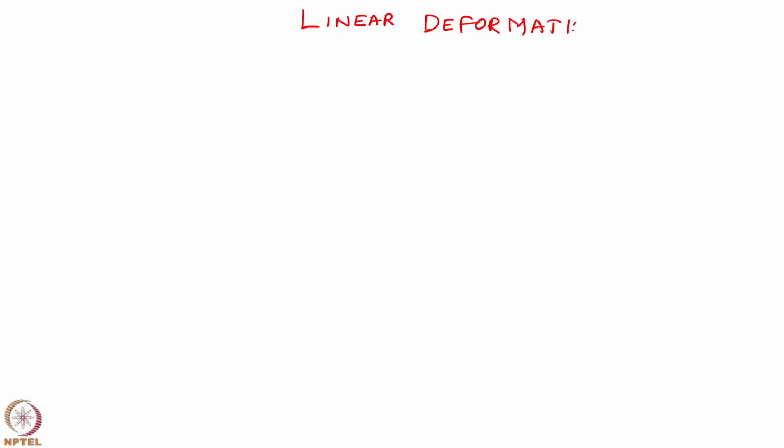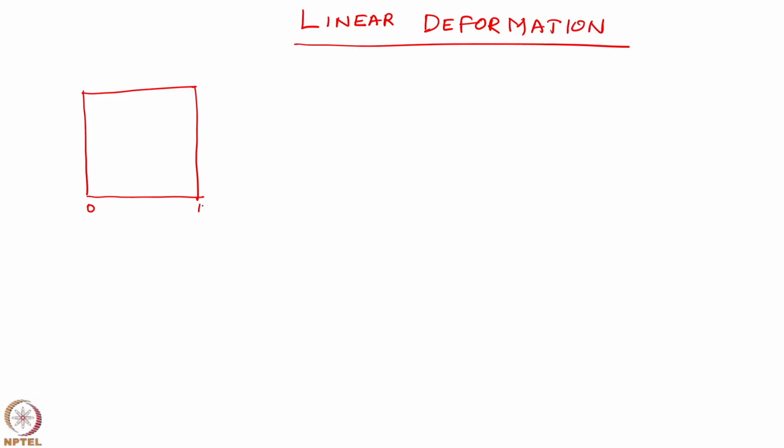Linear deformation. I take a fluid particle O, A, B, C. Again, the velocity here is u and the velocity here is again u. Now, what is the velocity at A, and what is the velocity at C?